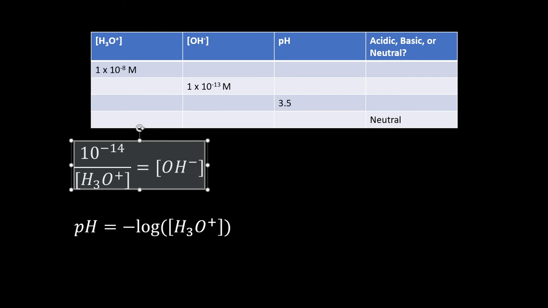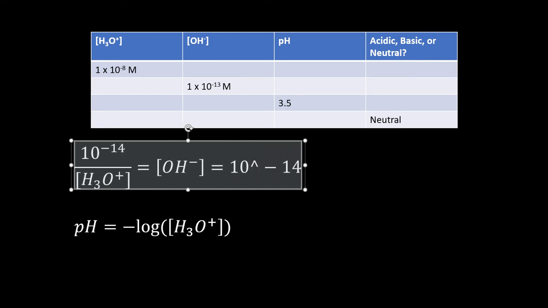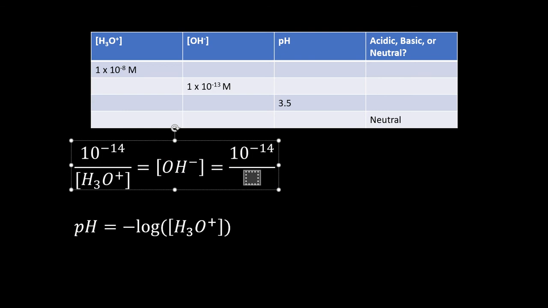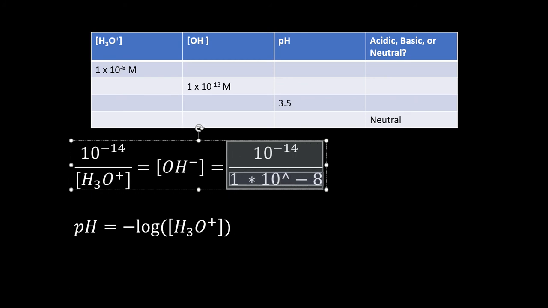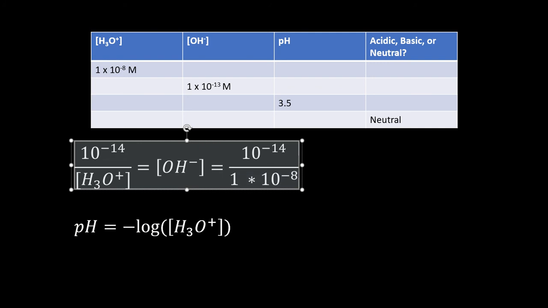So essentially, if we want to know what hydroxide ion concentration is, that's just going to be 10 raised to the negative 14th power divided by what we already know our hydronium ion concentration to be, which is just 1 times 10 raised to the negative 8th power. And essentially, whatever that equals, that will be our hydroxide ion concentration.